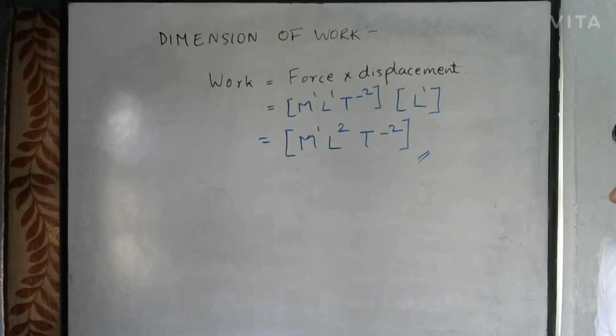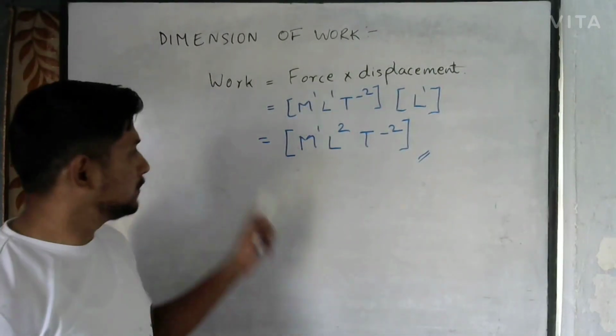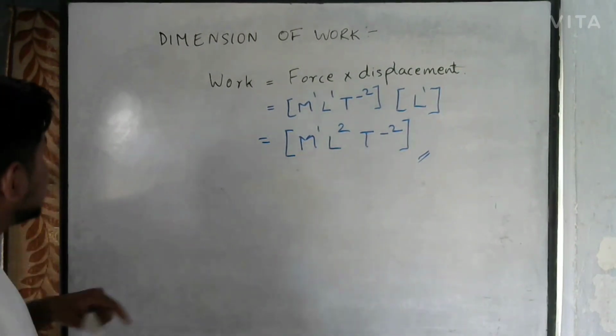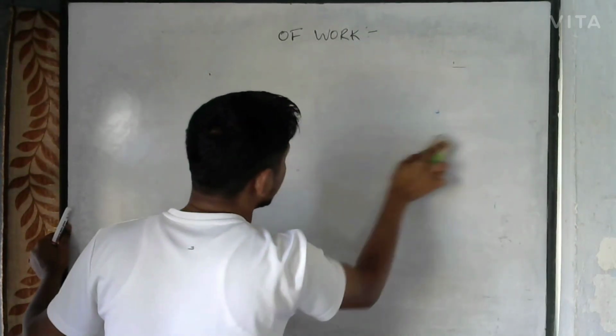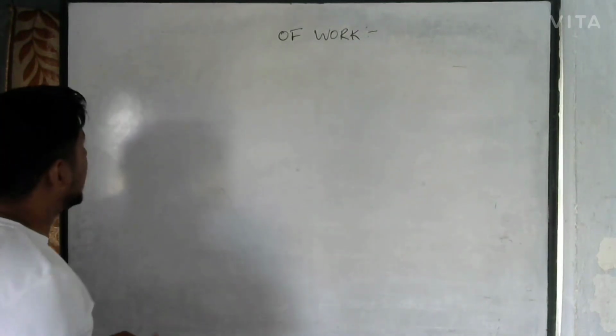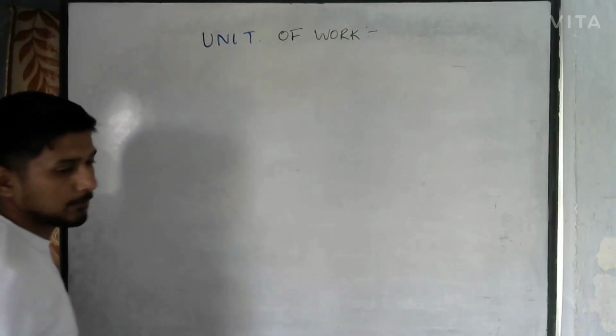Okay, now after the dimension is done, let's come to the unit part. Please pause the video and jot this down. Okay, let's come to the unit of work. What are the units of work?